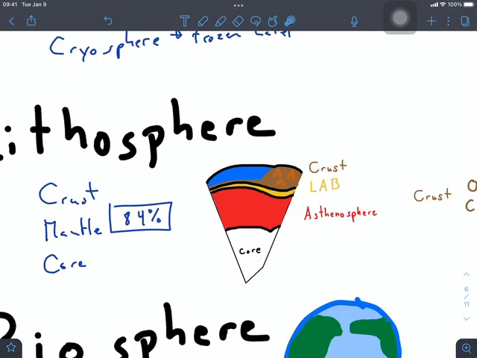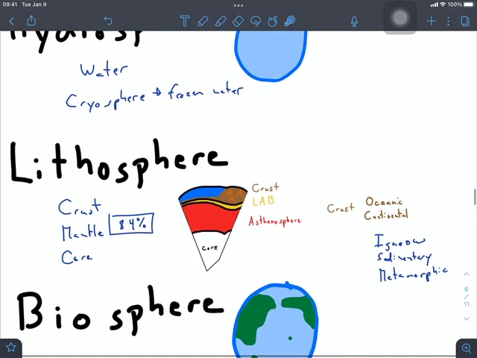That asthenosphere generally is defined as cooling rock and the part of the planet that behaves like a viscous liquid over long periods of time, and is driving the continental shifts. So I always like to point out the asthenosphere as the part of the lithosphere that's driving a lot of that movement that we'll see manifest as our continental shifts.